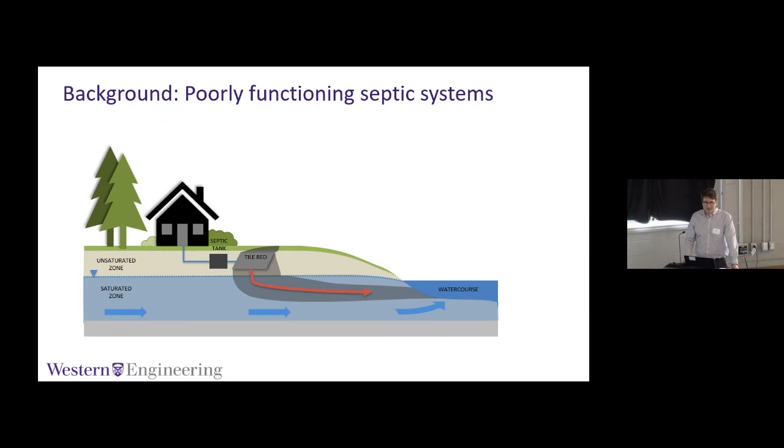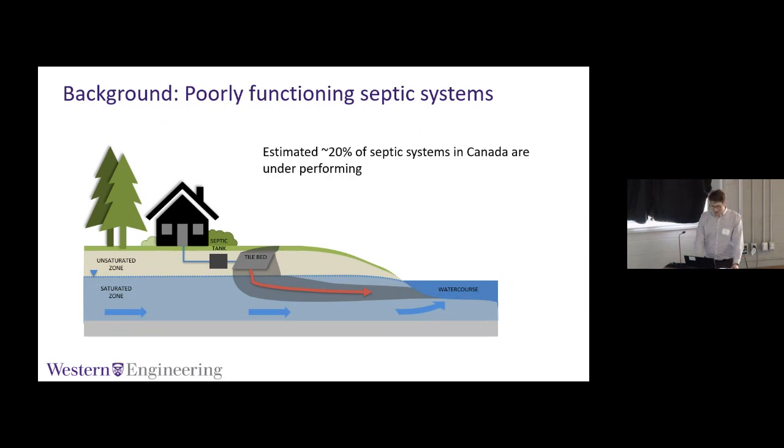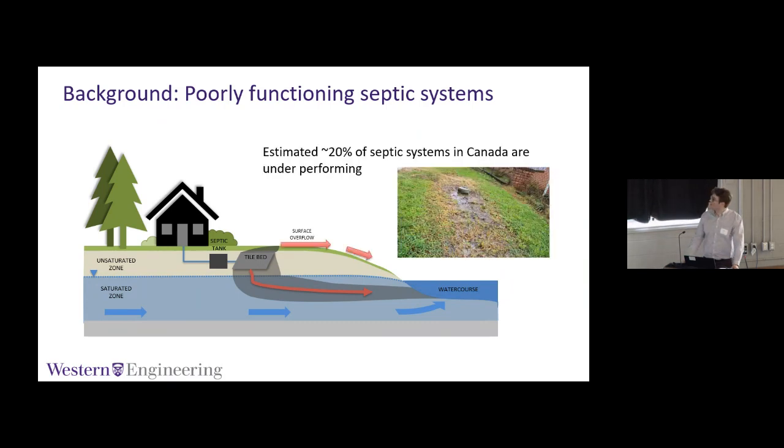However, not all septic systems function properly, and we often see poorly functioning septic systems as a result of inadequate maintenance, poor siting, or increased hydraulic load by the household, causing ponding at the surface, leading to surface overland runoff of raw untreated wastewater to nearby streams.